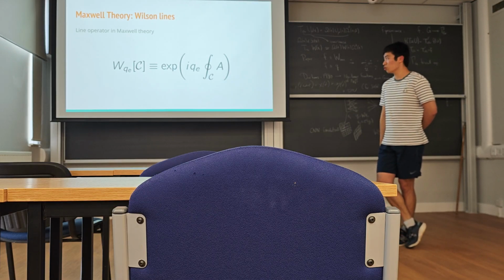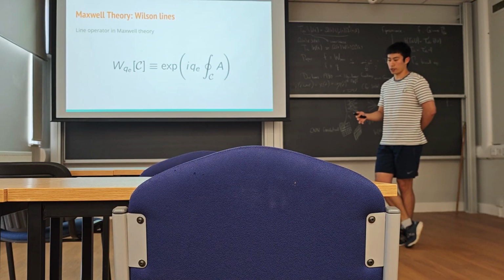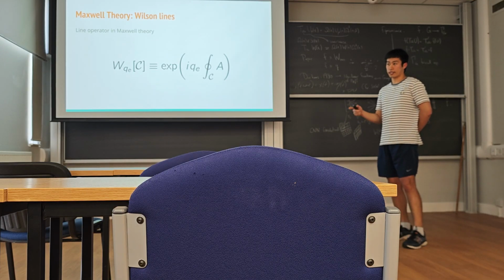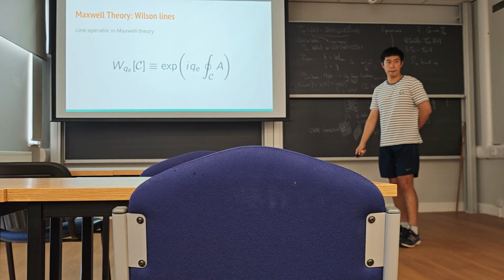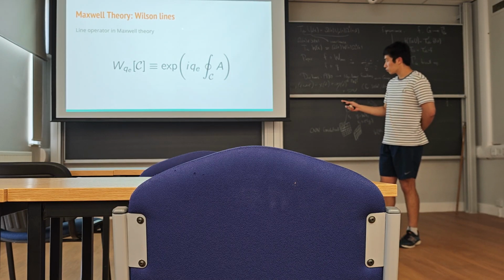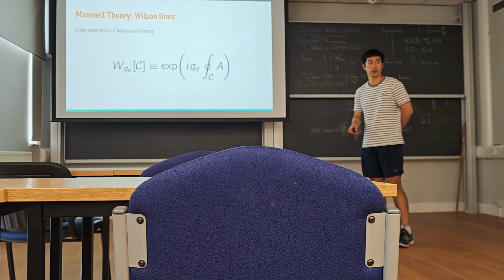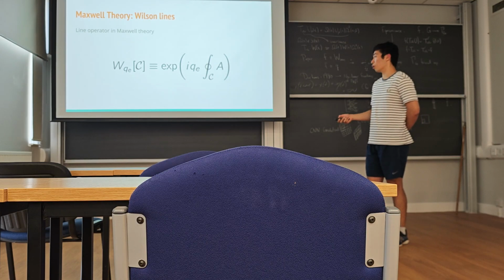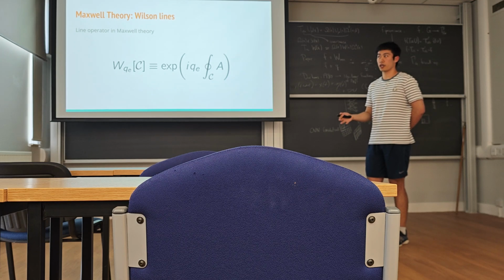There's a good reason why it has to be this form. Just now we mentioned the line operator, it seems like a very generic object, but here we are in gauge theory. Maxwell theory is a U1 gauge theory. Therefore, first of all, if you want these line operators to be physical observables, they must be gauge invariant. Second of all, without matter, it can only be composed of the gauge field A, because it's the only ingredient we have in the theory.